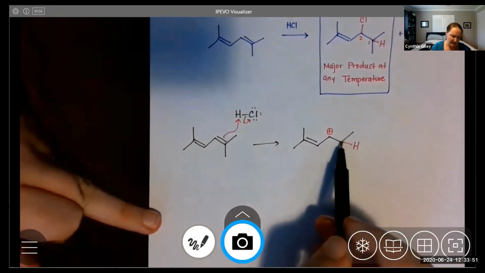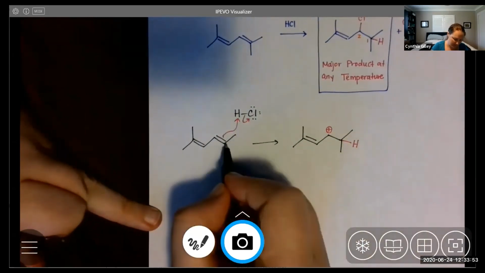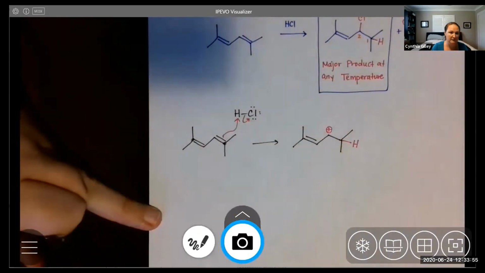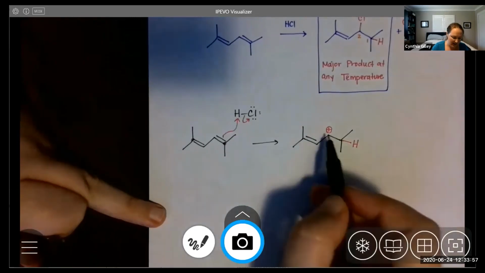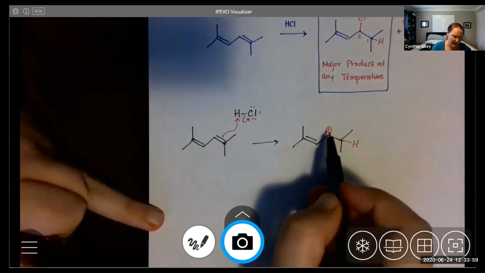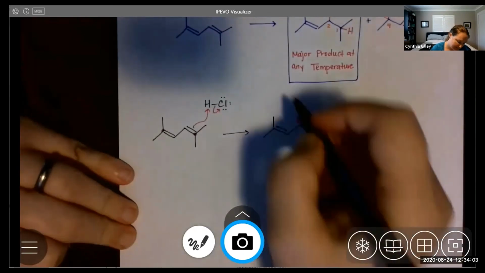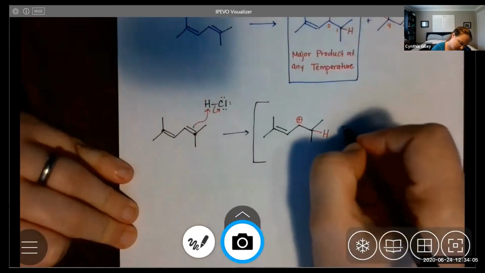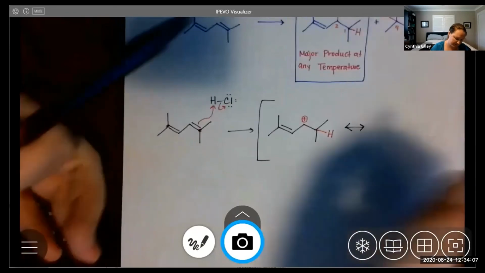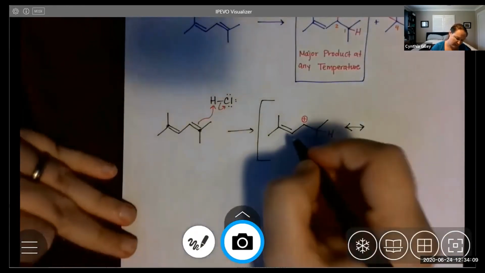Because if we put the hydrogen on one of the terminal carbons of the diene, then the carbocation goes on the other carbon. Now it's allylic, resonance stable. So we can draw out the other resonance contributor, which is formed from shifting.